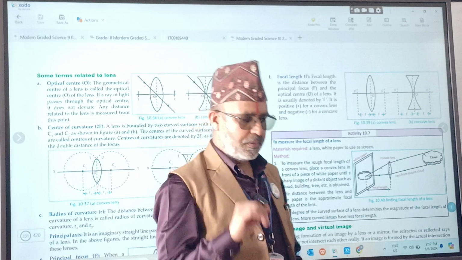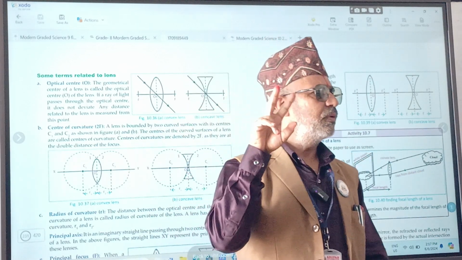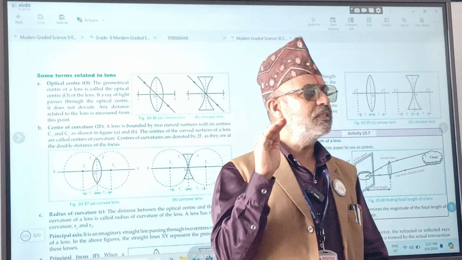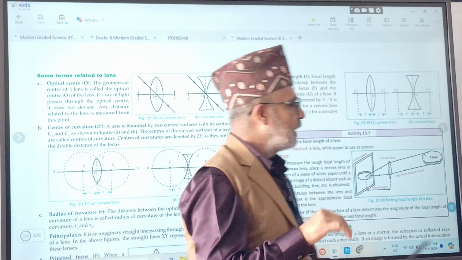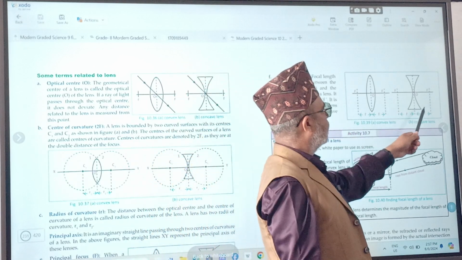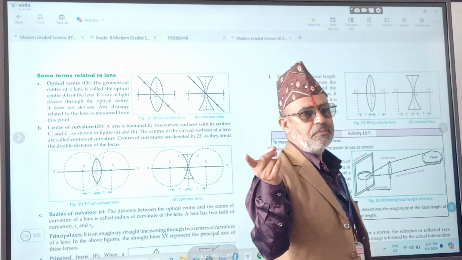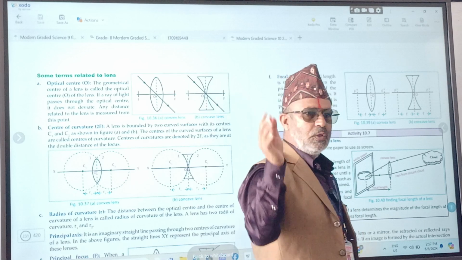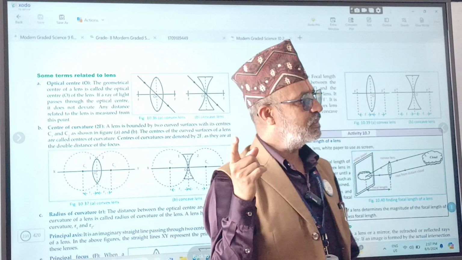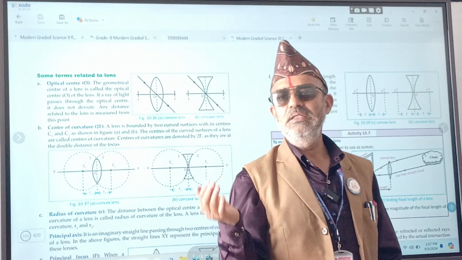And one thing you have to keep in mind, there are two types of lenses, right? Convex lens and concave lens. In case of convex lens, focal length is positive. In case of concave lens, focal length is negative, because there is an imaginary principal focus. Focal length of convex lens is positive, focal length of concave lens is negative.